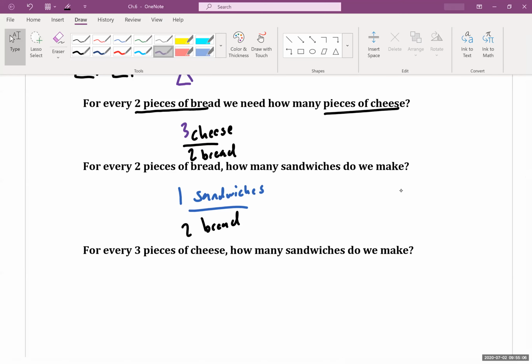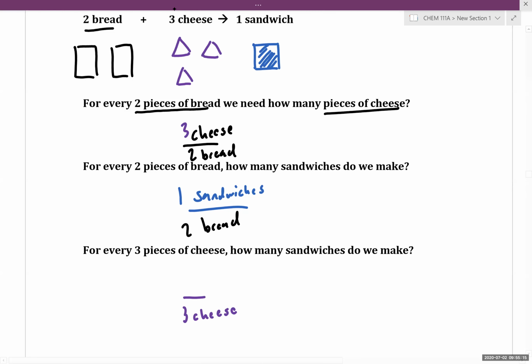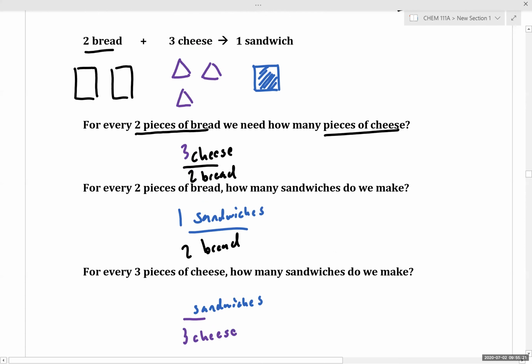Now, just for completeness sake, for every 3 pieces of cheese, how many sandwiches do we get? One, exactly. It's a 1 to 3 ratio.